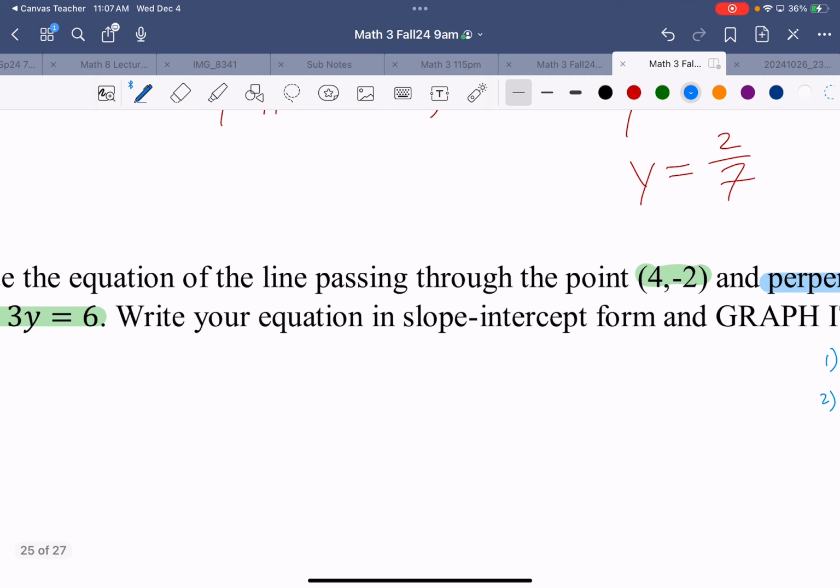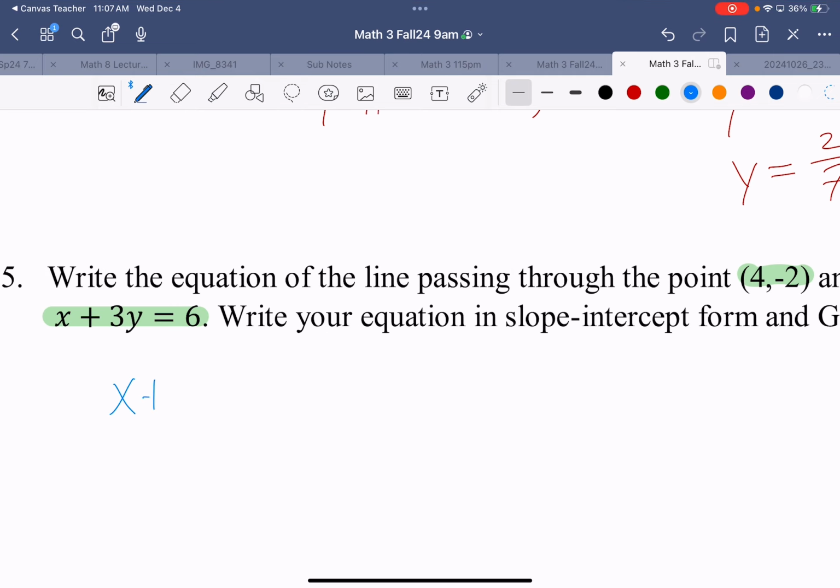So that means I'm going to take this line and I'm going to try to isolate my y value. And I do that by subtracting x to both sides. That leaves me with 3y is equal to, now remember, slope-intercept form is y equals mx plus b.